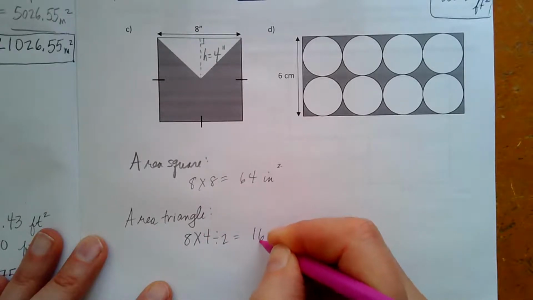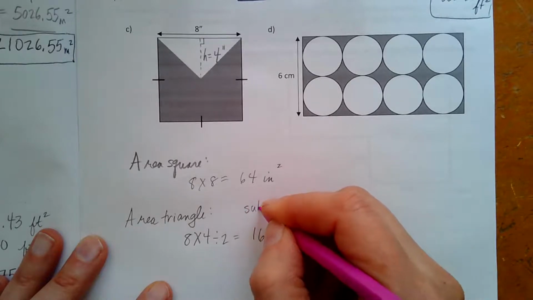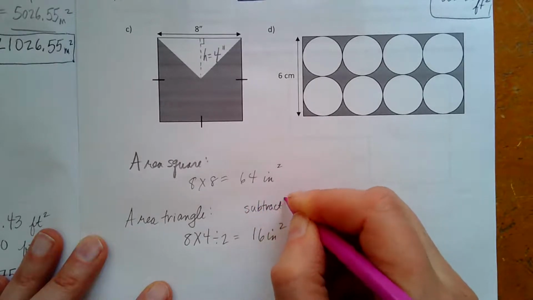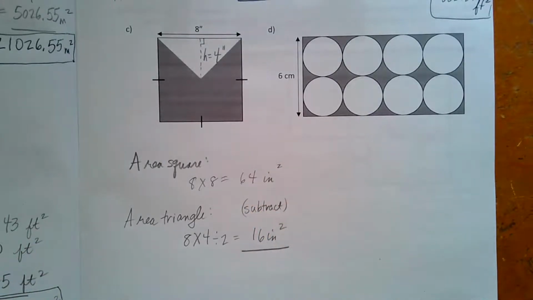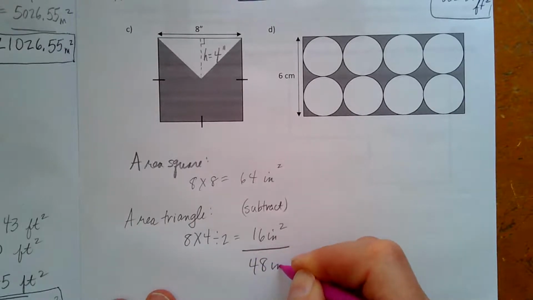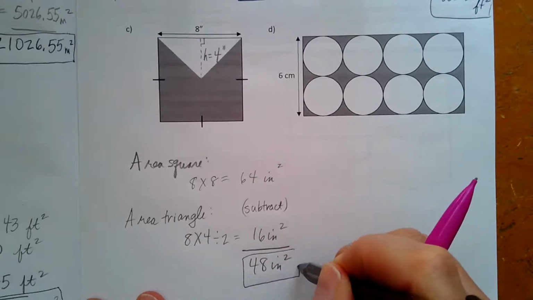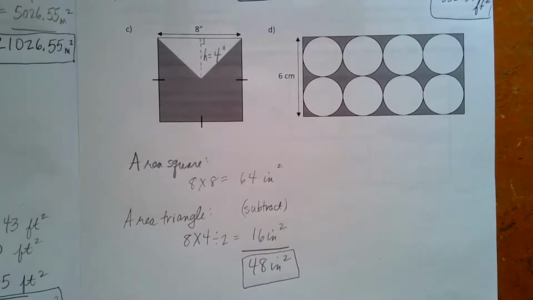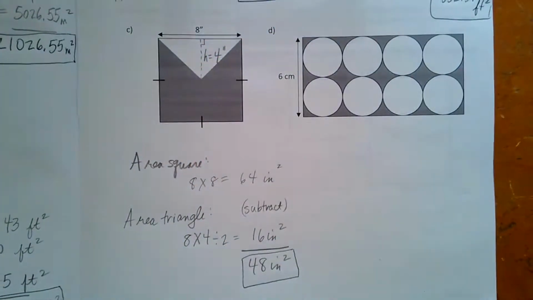That's going to give me 16 inches squared. So I'm going to do a subtract. 64 subtract 16. I get 48 inches squared. And the 48 inches squared is the area of this shaded part. It's kind of a weird shape, right?